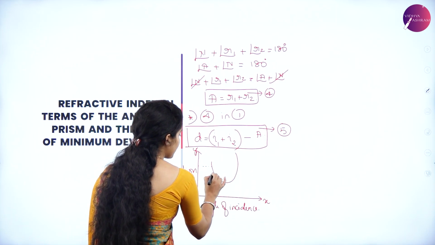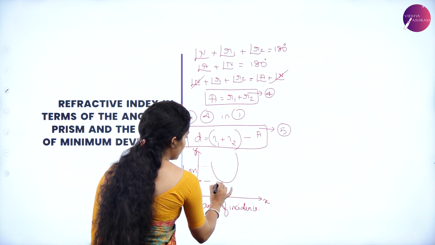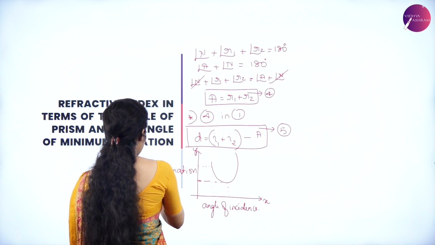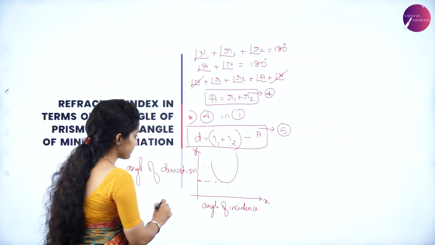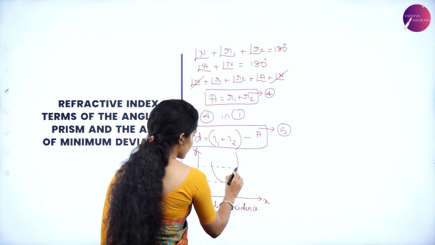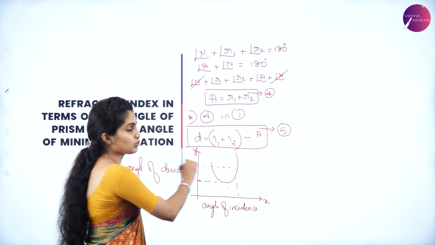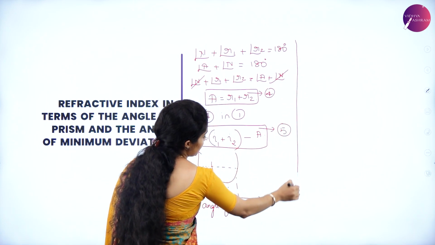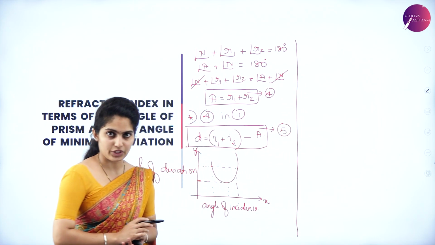So this is the graphical representation of the angle of deviation with respect to angle of incidence. Okay, so this is one set of the graphical representation what we have. So this equation can be told as the angle of deviation equation.